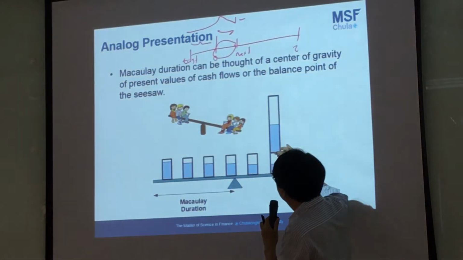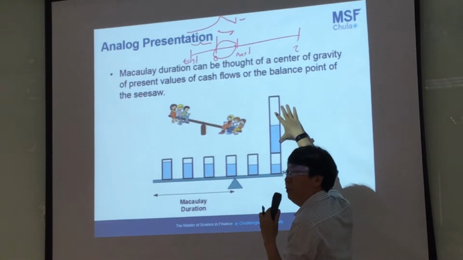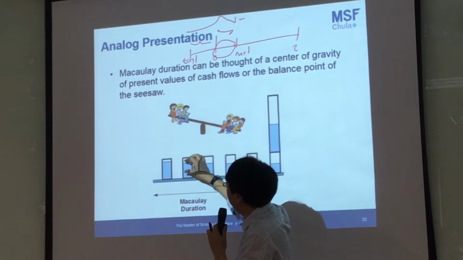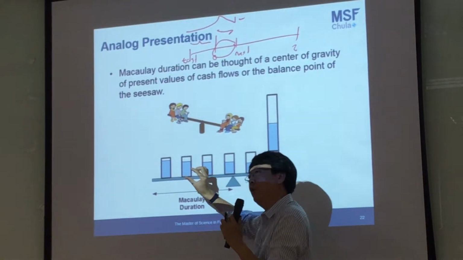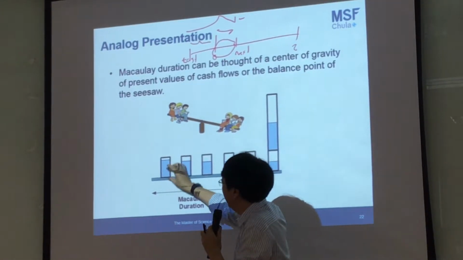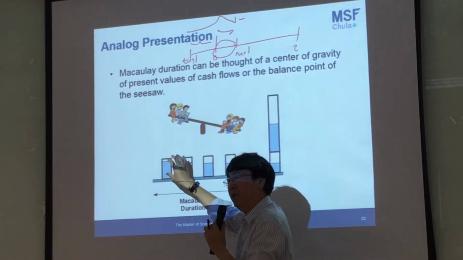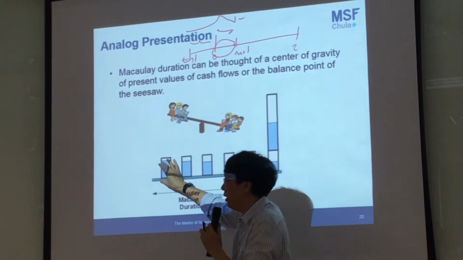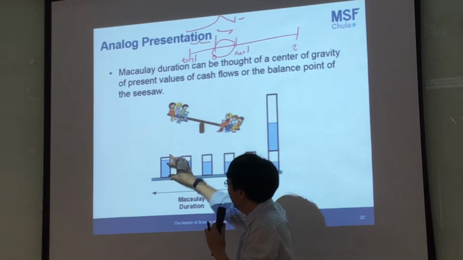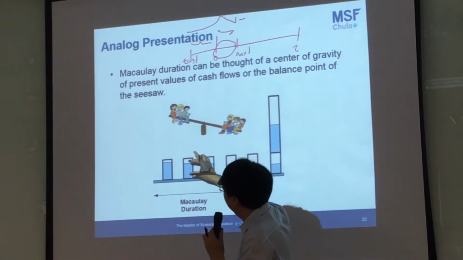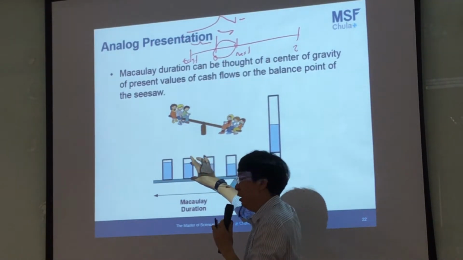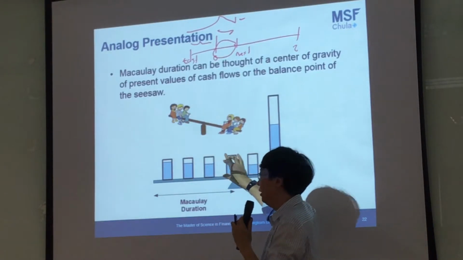This is the coupon. This is the last coupon plus the face value. The shaded area here represents the present value of the cash flow. When the cash flow occurs near zero, the current time, the present value is higher than the present value of the coupons that occur later.